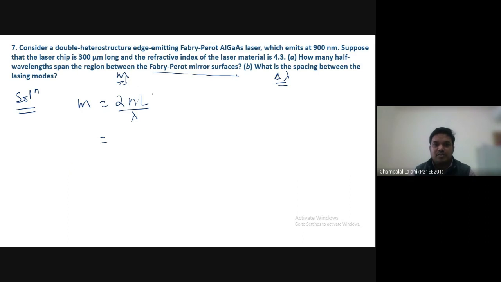If you put all these values, you will get 2 into N, which is 4.3, into L, which is 300 into 10 to the power minus 6, upon lambda, which is 900 nanometers, or you can write it as 0.9 into 10 raised to power minus 6.